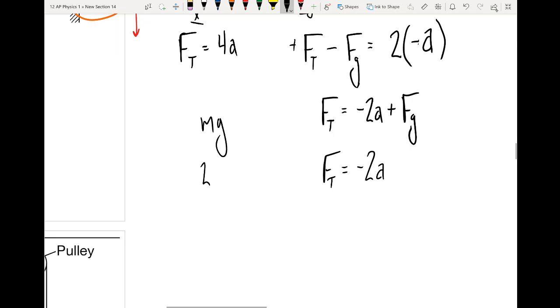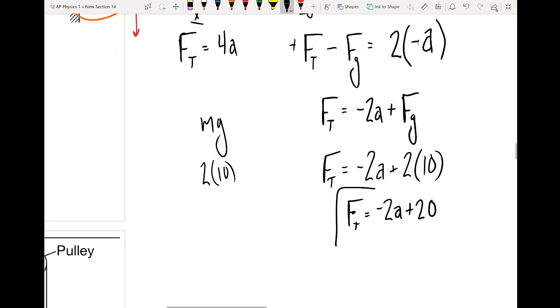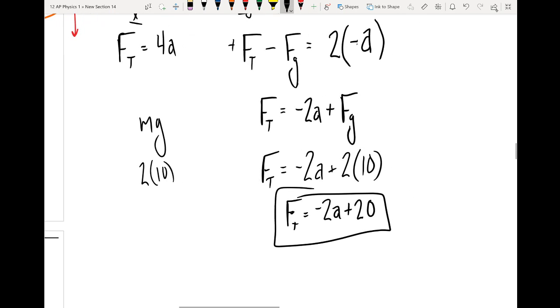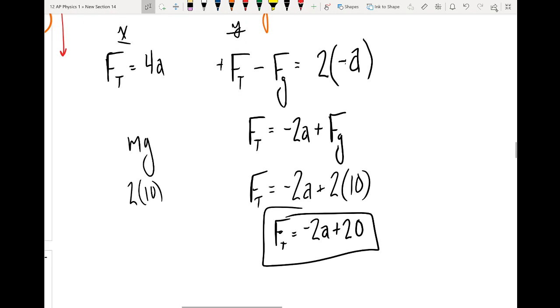Our mass was 2 for this block, and g we can just call 10 instead of 9.8, just to make calculations easy. So we can say our force of tension is equal to negative 2a plus 20. So not exactly what we wanted. It's a good start. We have an equation for the force of tension, but we're going to have to use it to actually solve for this acceleration.